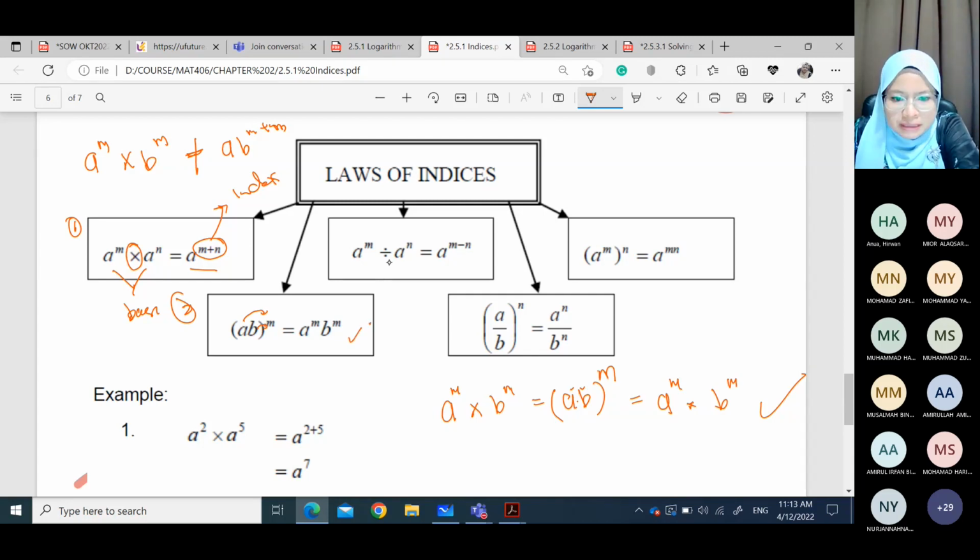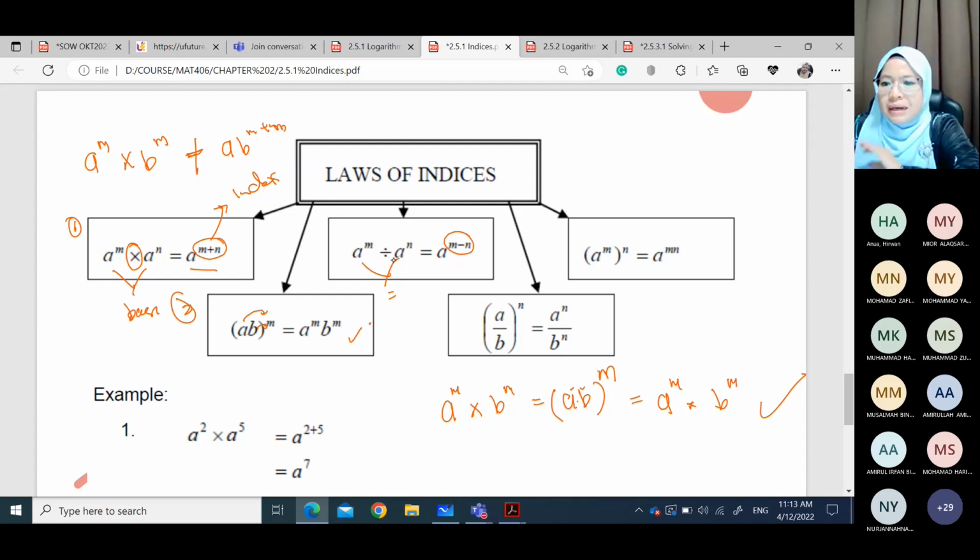Okay. So ini operasi bahagi. So bila operasi bahagi base dia sama, it is equivalent with A to the power of M minus N. So kena ingat kalau operasi dia darab, base dia sama, so operasi bagi indeks adalah tambah. So bila operasi bahagi, base dia sama, jadi indeks dia operasi tolak.